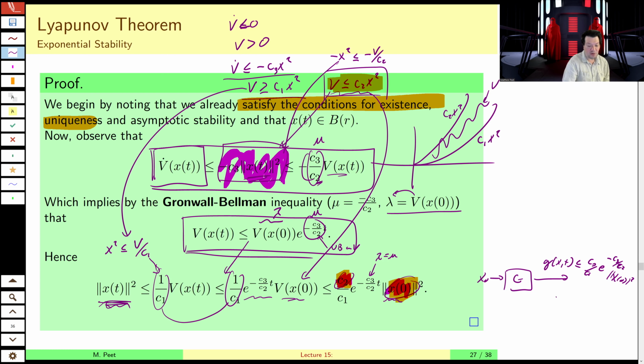And we can just integrate that from 0 to infinity to get an L2 bound on x.